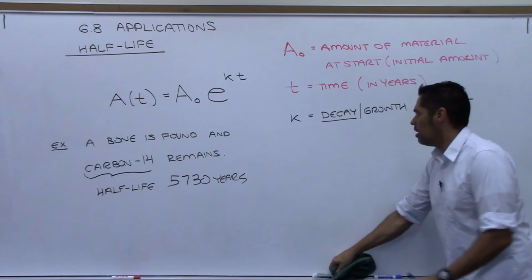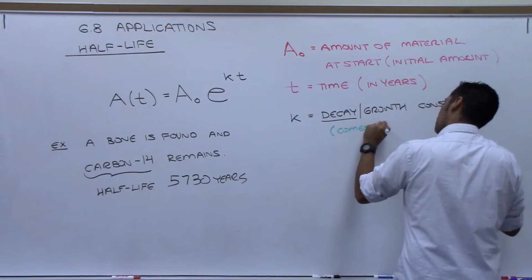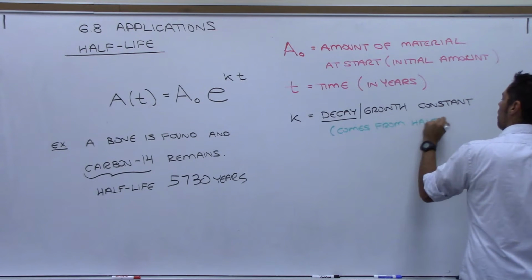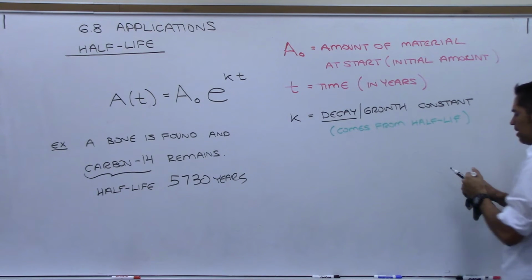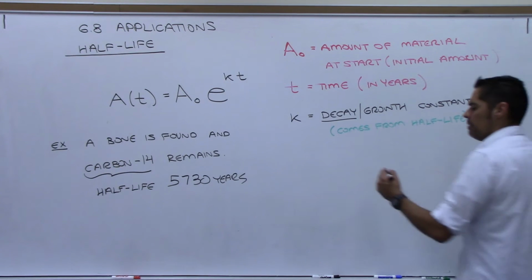So I'm going to put that underneath this. It comes from the half-life. We'll have to compute it, but that's where it comes from. We will have to figure out what k is, and to do that, we will use the half-life. And then what's left? k, t, A naught, A of t.